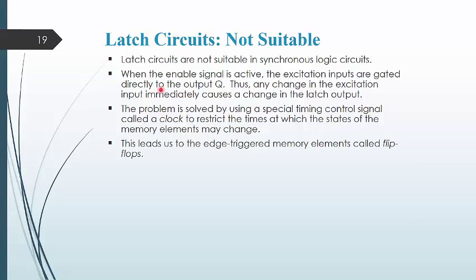In short, when the enable signal is active, the excitation inputs presented to the gate are given as the Q output. So any change in the excitation input immediately causes a change at the latch output, and this is true only if the enable is active high.